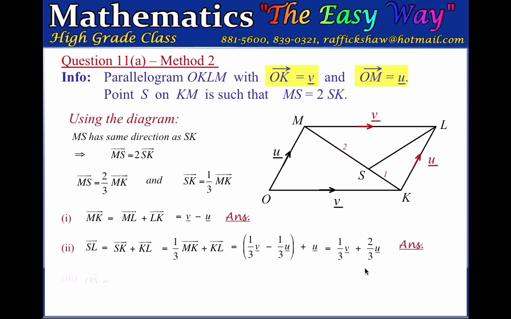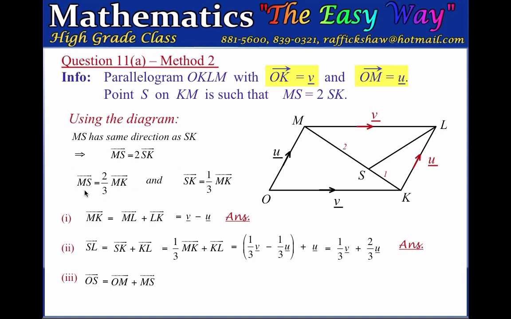And now part 3 is asking us for the vector OS. The vector OS is the vector that will take us from O to S. So we go from O to S, we can go O to M and then M to S. And we can therefore write that equation, that OS is equal to OM plus MS. And again, we have the MS written in terms of the MK.